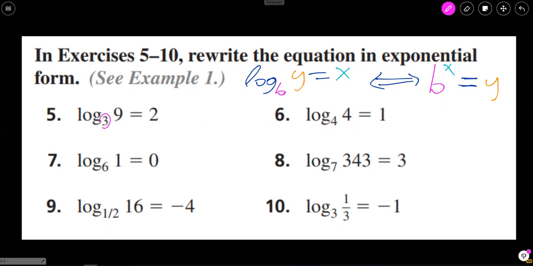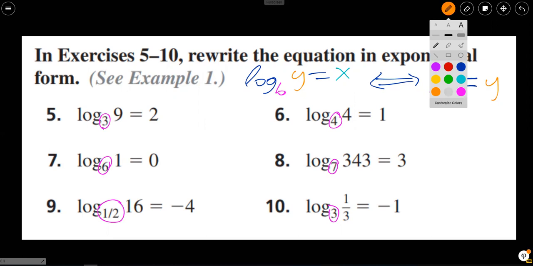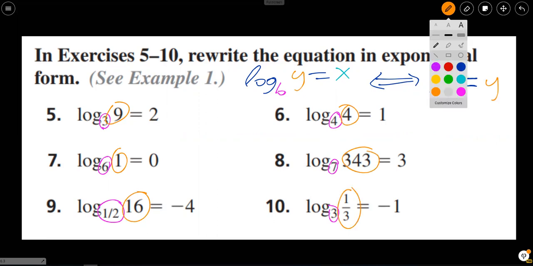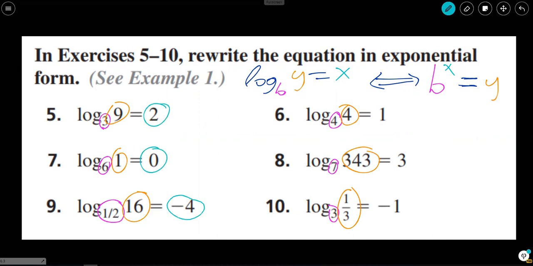On the first one, I've got log base 3, then log base 6, log base 1/2, log base 4, log base 7, log base 3. My y values are the things right next to the base: 9, 1, 16, 4, 343, and 1/3. And my x values are the things on the other side of the equation.